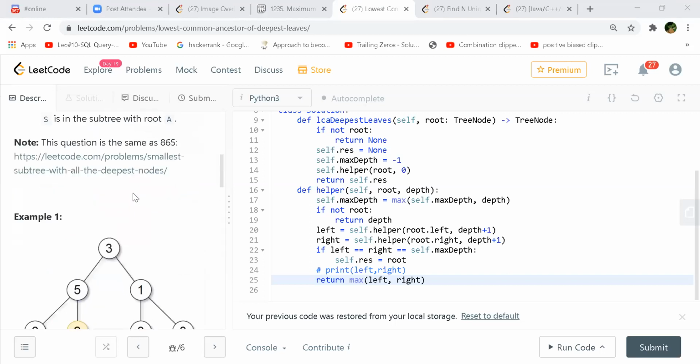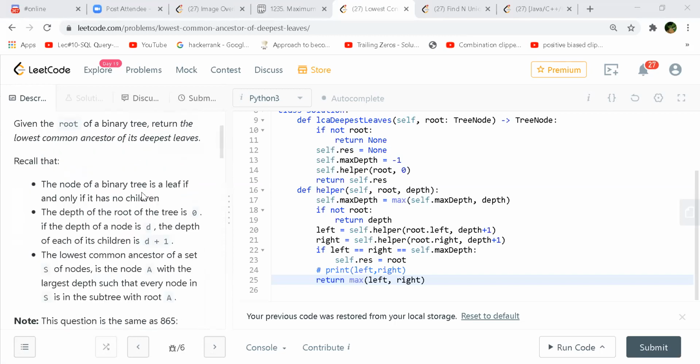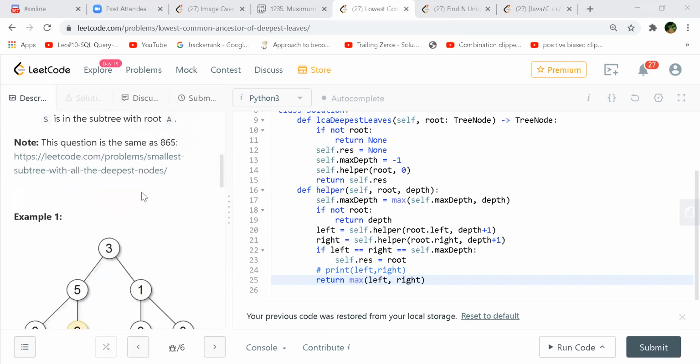Okay, so we have to return this subtree with all deepest nodes, right? Yes. The main aim was not to find the LCA, but to return this smallest subtree with all the deepest nodes. If we take all the deepest nodes, then its root will be the LCA of all those deepest nodes.